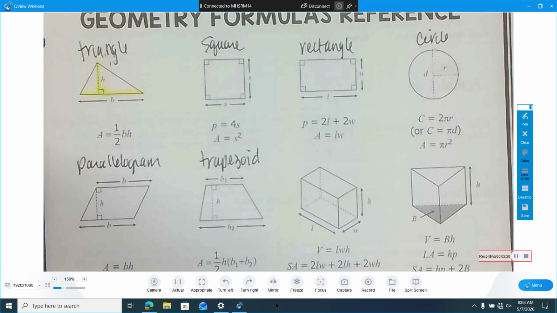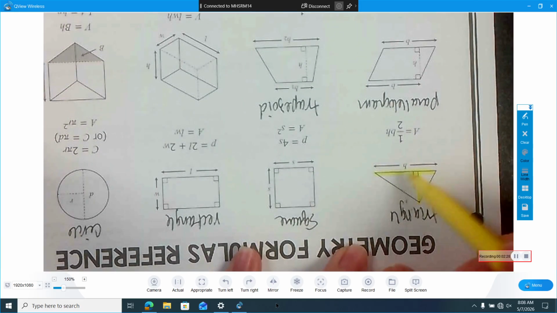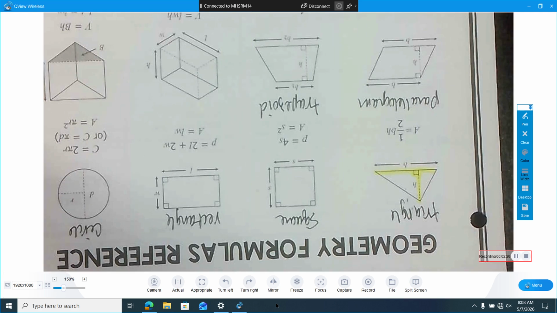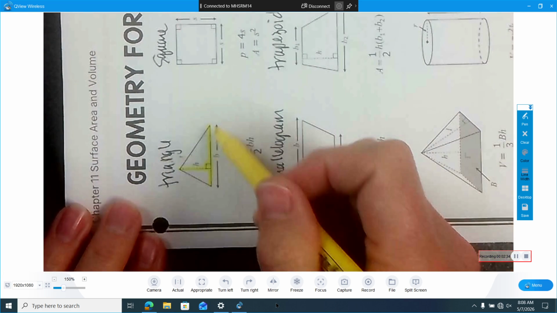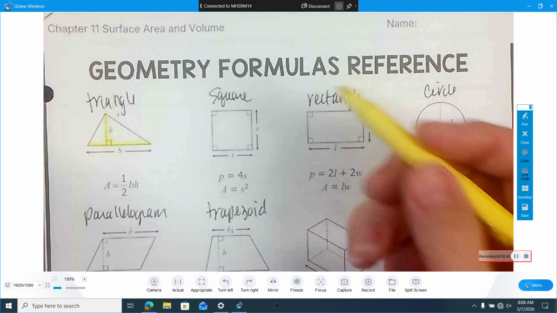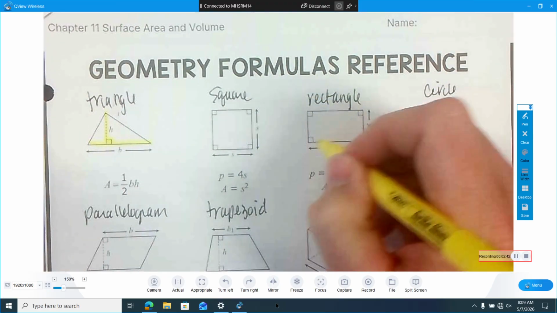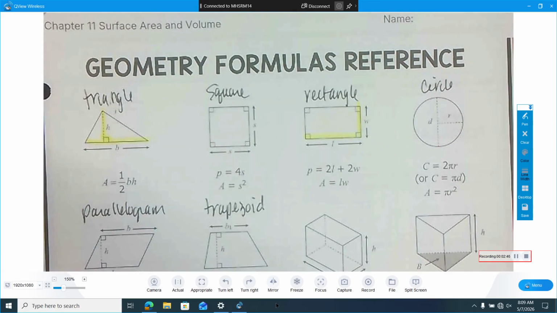There's a right angle. That is the definition. I can turn this upside down, and there's still my base and my height, because they're perpendicular. I can turn it sideways, and it's still a base and a height because they're perpendicular to each other.